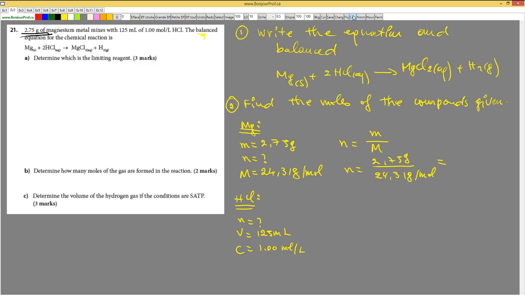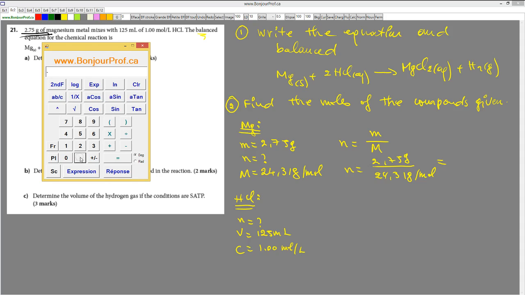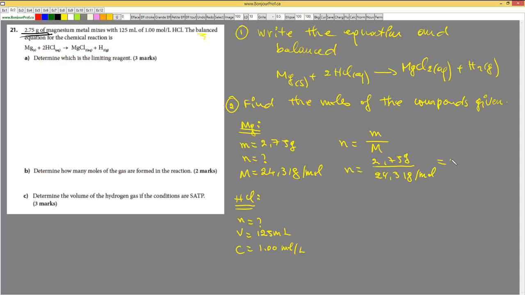I'm going to do it with this calculator here: 2.75 divided by 24.31. It gives you 0.113 mole. So we found the number of moles for magnesium. I'm going to write it with another color: 0.113 mole.